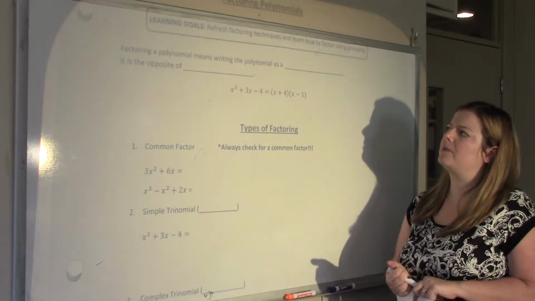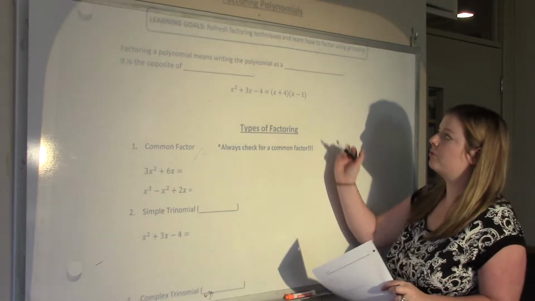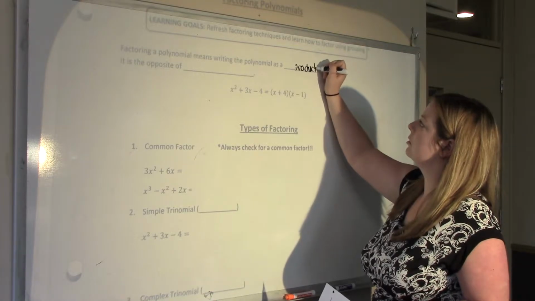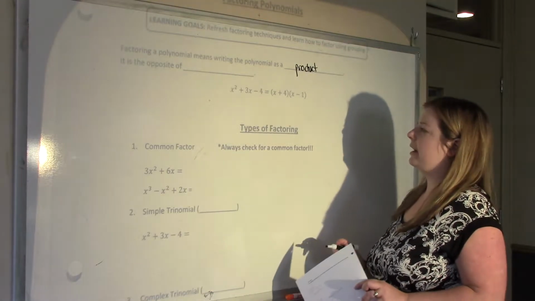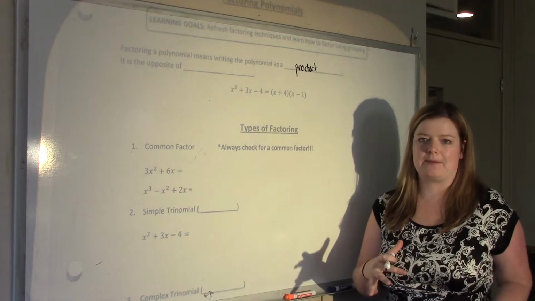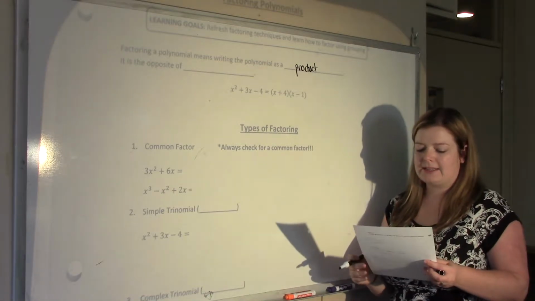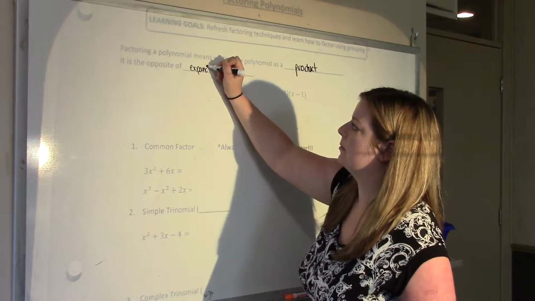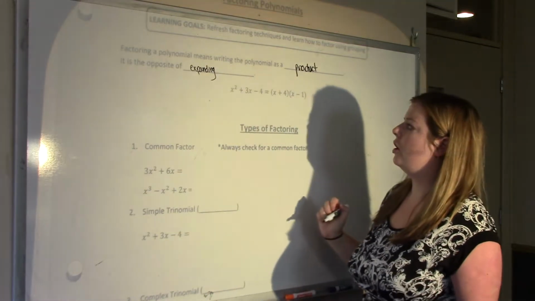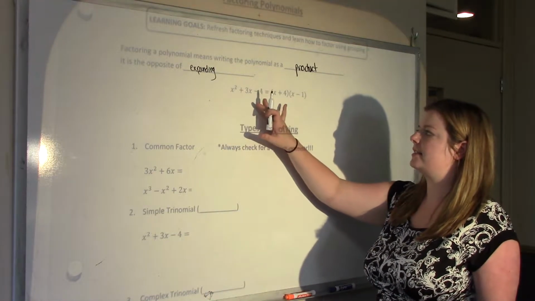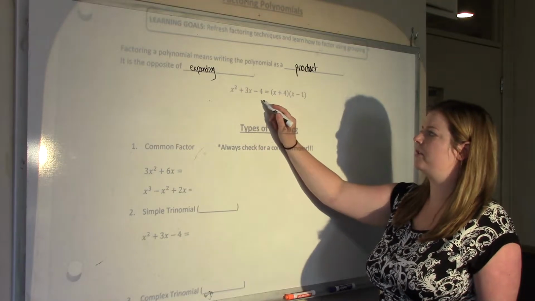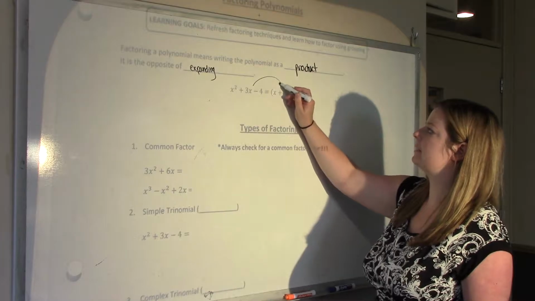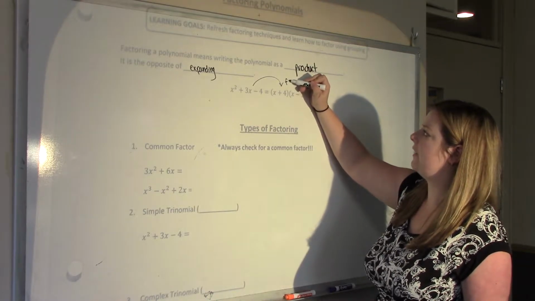Factoring a polynomial means writing the polynomial as a product. That means something times something, that's a product, and it is the opposite of expanding. If you have this nice little trinomial here, and you go from something that looks like this into something that looks like this, that's called factoring.